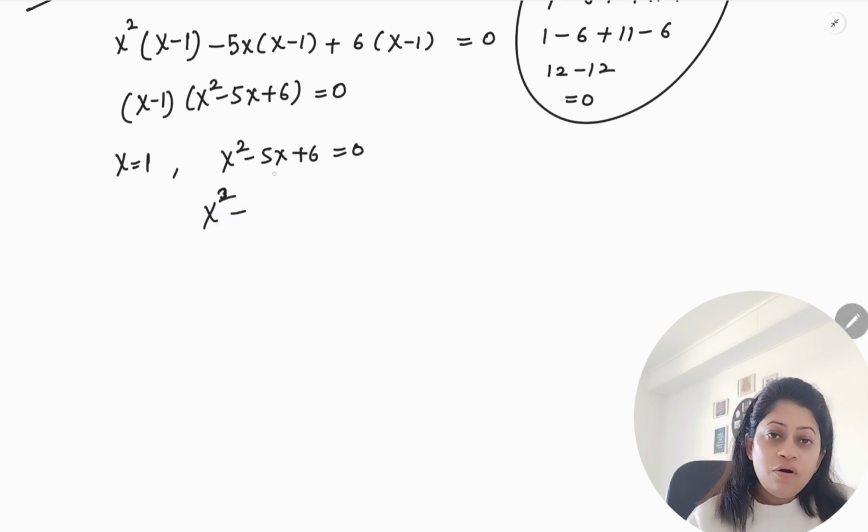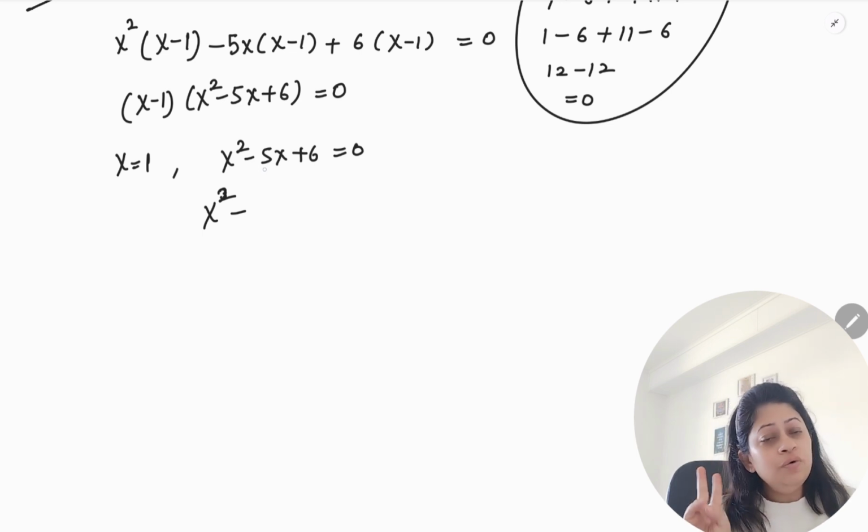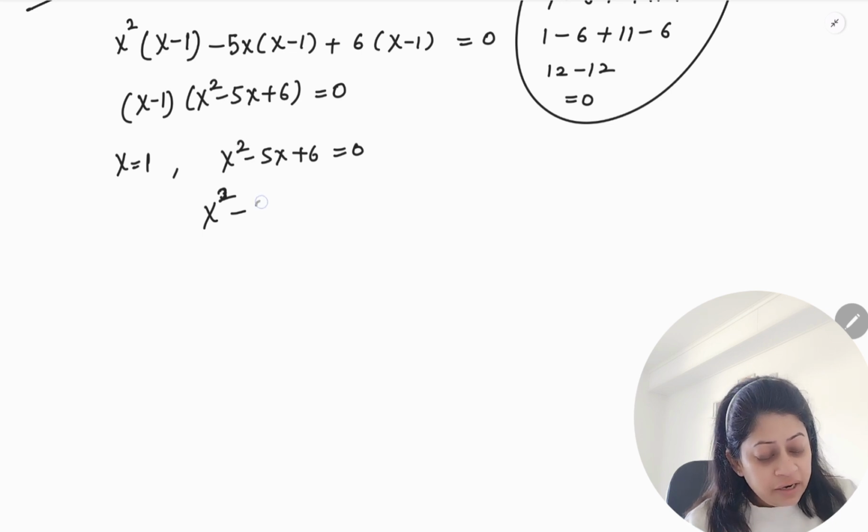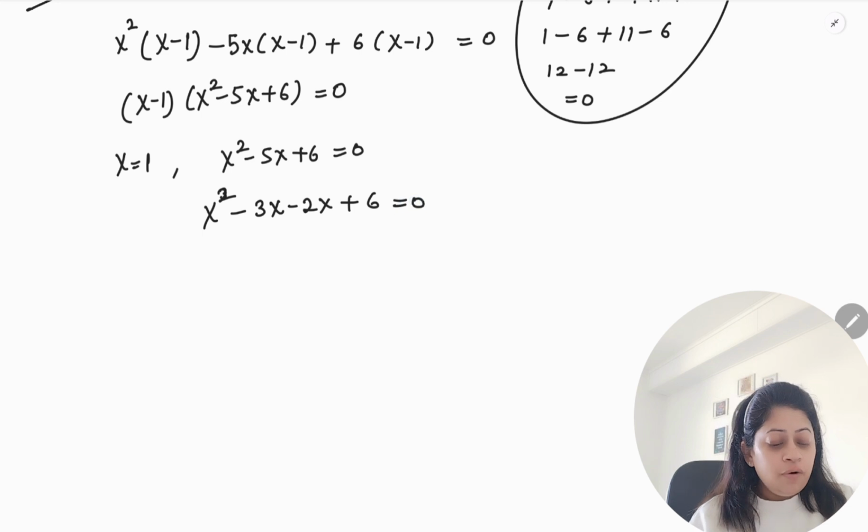So how do we solve a quadratic equation? I will have 2 factors here. The sum of those 2 factors should be minus 5x and the product of those 2 factors should be plus 6x square, right? So if I take minus 3x and minus 2x, I wrote minus 5x as minus 3x minus 2x.